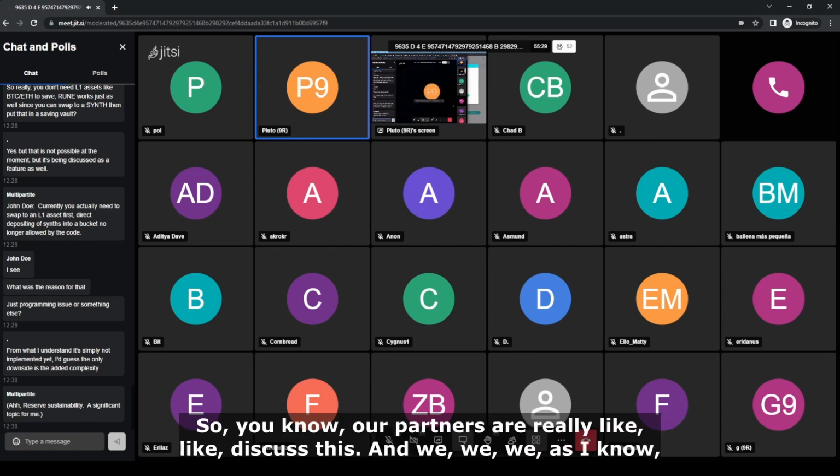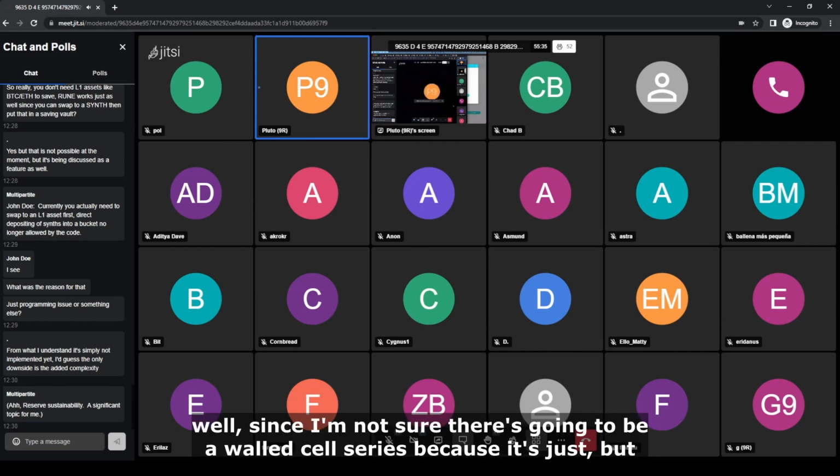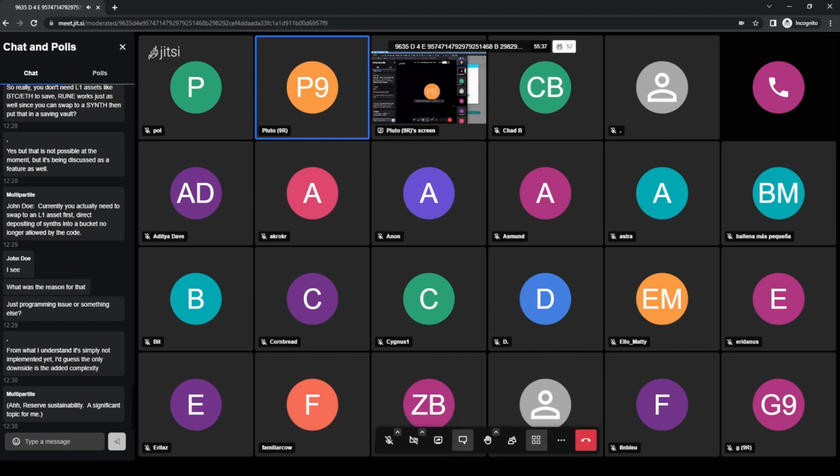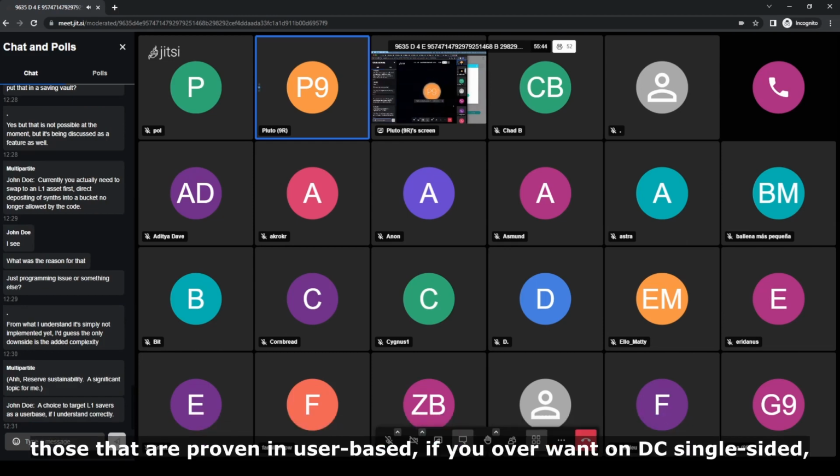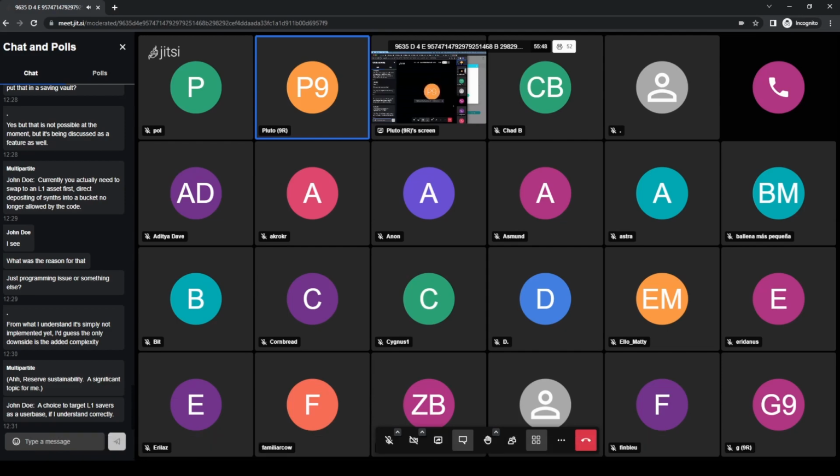So we internally discussed this, and we as Nine Realms, and I'm not sure who else agrees with this, our position is that we should just start this with only BTC for now, because we've seen there's a proven user base of people who want BTC single-sided savings.